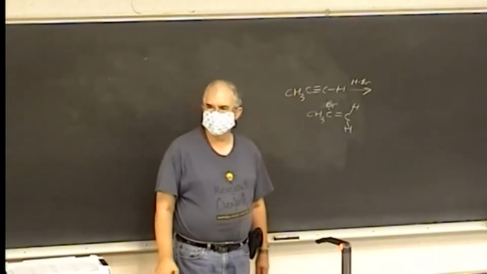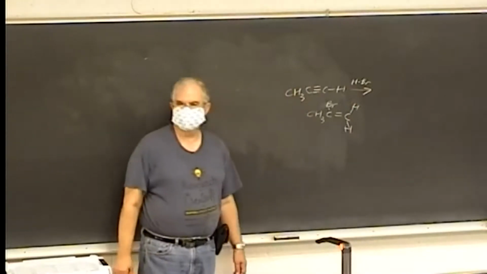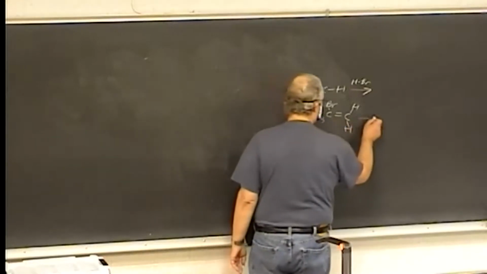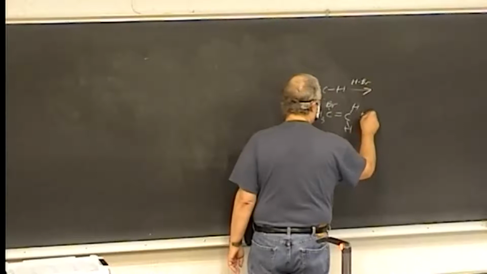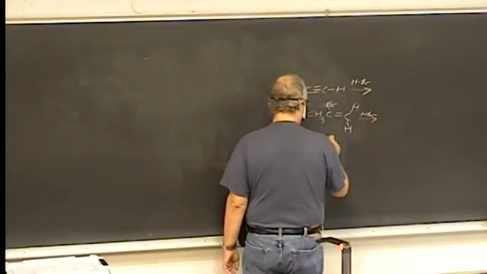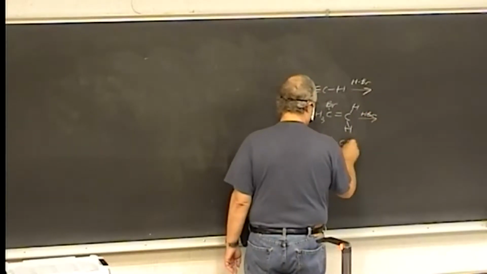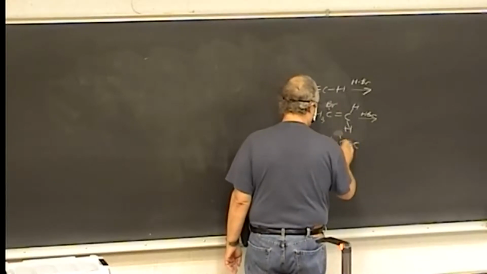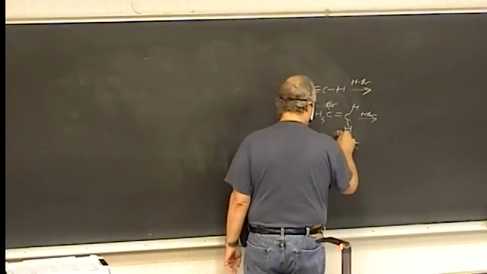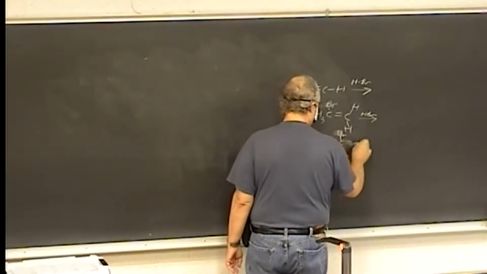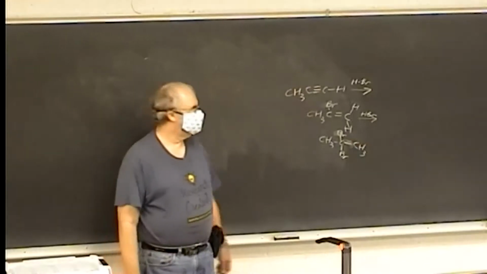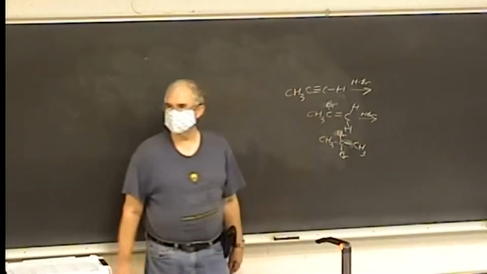We can add one or two equivalents of HBr. We can also add HBr to this. Again, the side that's richer in hydrogen would get the hydrogen.